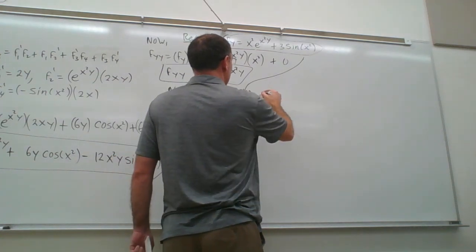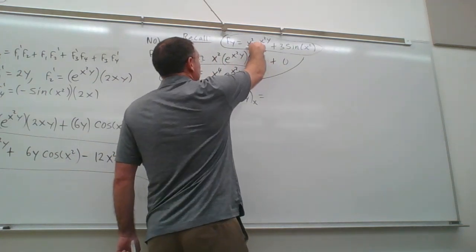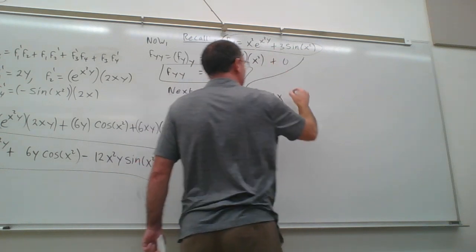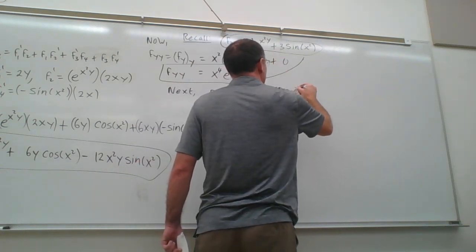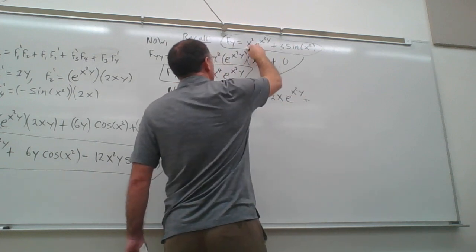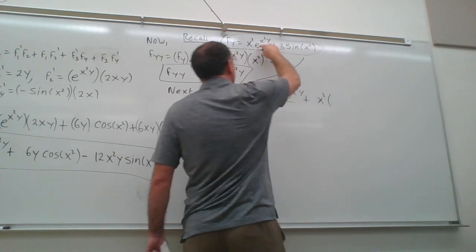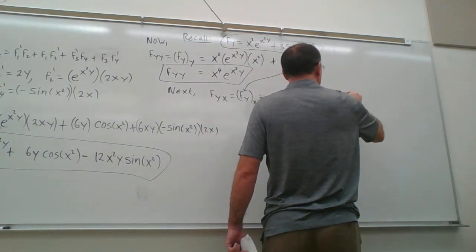It's going to require a product rule because that's a function of x and so is that. So I won't write the details, I'll just write it out here. So the derivative of the first function, so 2x times second e to the x squared y plus first function x squared times derivative of second function with respect to x.